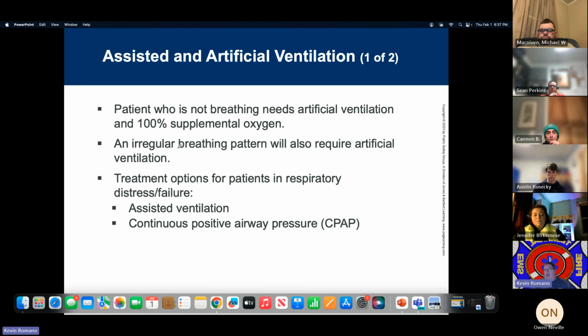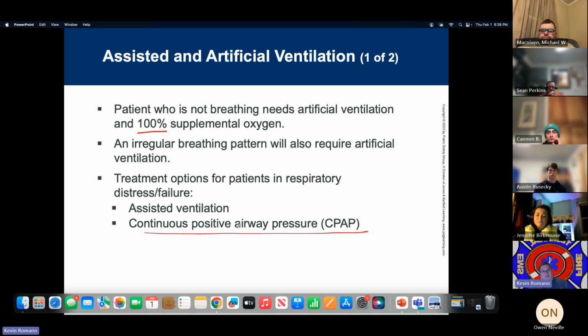Assisted and artificial ventilation, 100%. This is your BVM, or we can do CPAP. Now, depending on the device you carry, some have what they call a FiO2 meter or regulator on it. FiO2 stands for fraction of inspired oxygen. You can set the percentage of oxygen that the patient is actually going to receive.